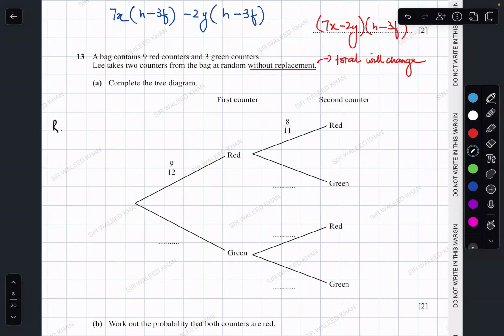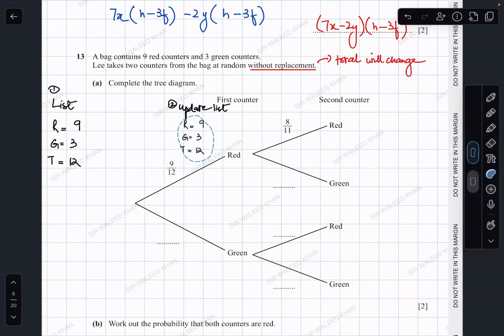So we have red counters as 9, green as 3, the total will be 12. So the first one taken out is a red, so I'm going to write 9 by 12. This was the process. I'll make a list, and this is the first step. The second step is update the list. So I'm going to use the same list, but update it.